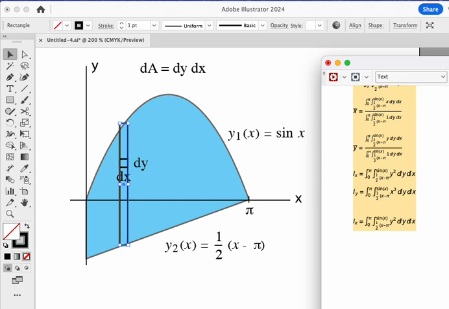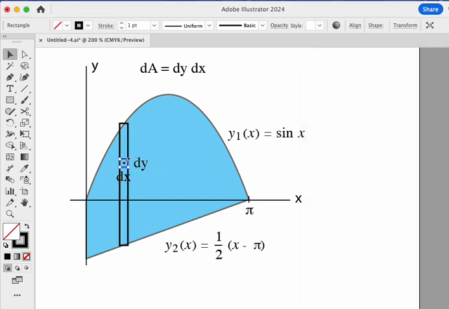So to do this, if I'm integrating in the y direction first, that means I'm taking this guy right here, and I'm integrating from the bottom to the top. Notice that in that entire range, integrating in the y direction, the x doesn't change at all.